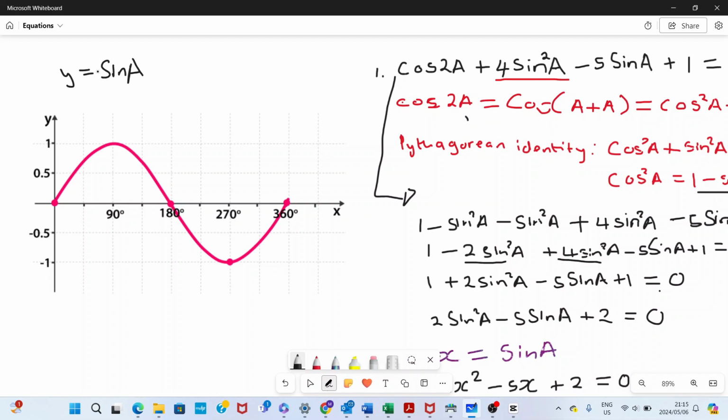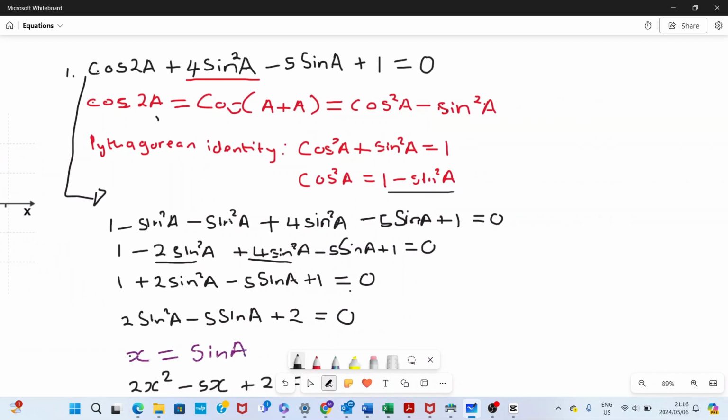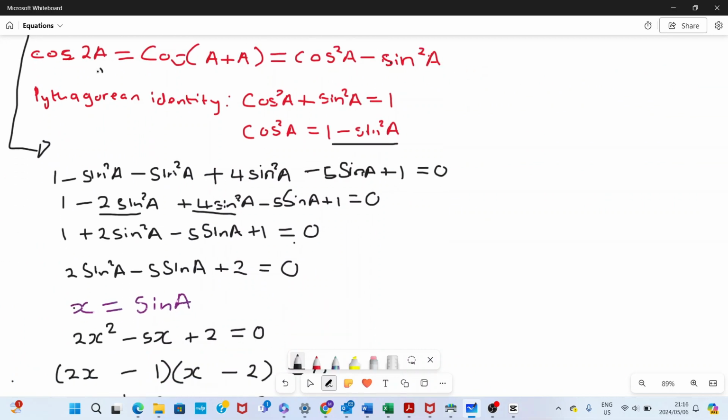So this is what now is being tested in this question. When you get to the point where it says your sine A is equal to 2, you need to remember that the graph of sine A can never be 2. And also the period for the graph of sine A is equal to 360 degrees. So keep that in mind because we are going to apply it in a second.